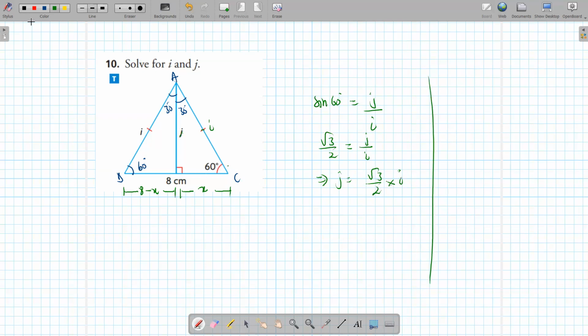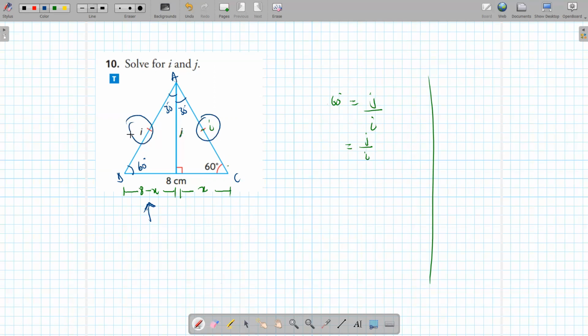Now let's go into the other triangle. We do the same thing. Actually, maybe I should have used, we need to incorporate x, so we can't use sine. Otherwise, we don't have enough information to do this.